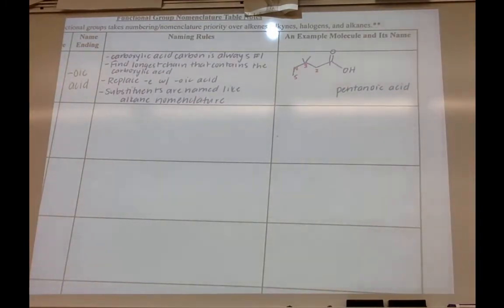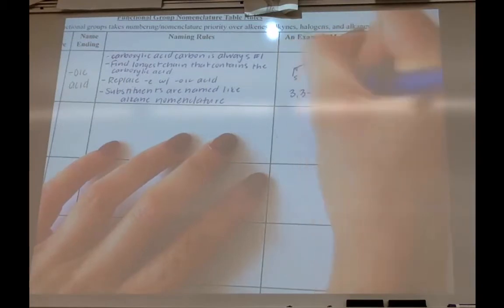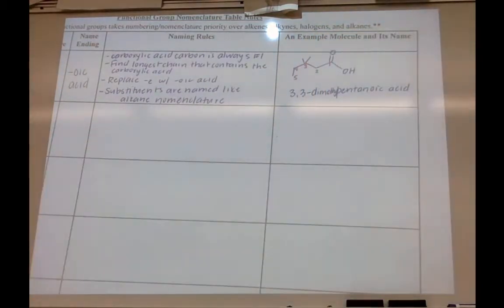We can't forget about those. What substituents do we have here? We have 2 methyls on carbon 3. So we have dimethyl. Make sure if you have 2 methyls, you give 2 numbers. So it would be 3, 3, dimethyl pentanoic acid.